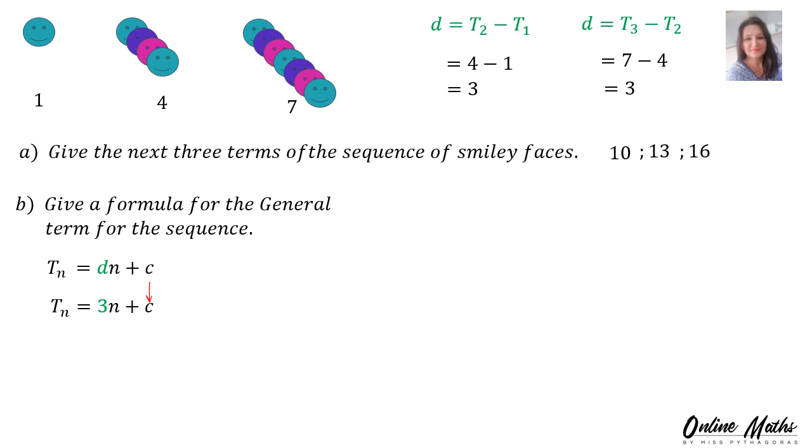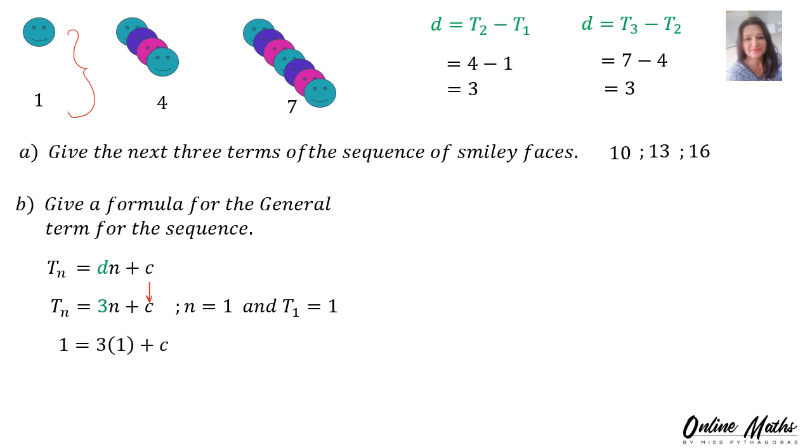And what we do is we zoom in on the first term. Now the first term, n is equal to 1, and then T1 or Tn is also equal to 1. Tn means the value of the term. In this case, it's 1.